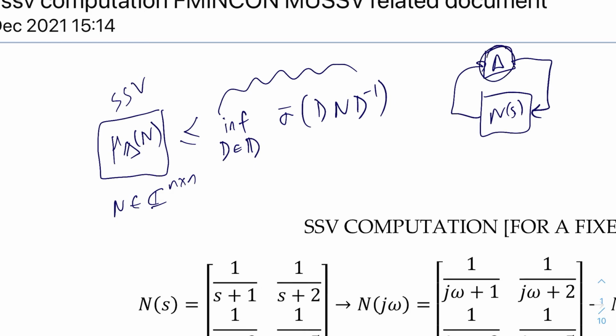We have some information about this uncertainty structure. Let's say we know that it's in this form, diagonal, and the diagonal entries are complex numbers, delta 1 in complex, and so is delta 2. So let me get rid of this. We have some information about the uncertainty here. This is the uncertainty.